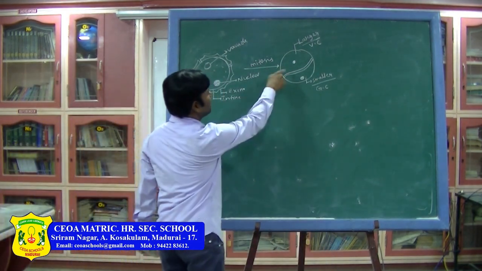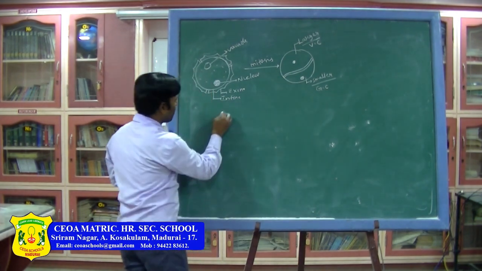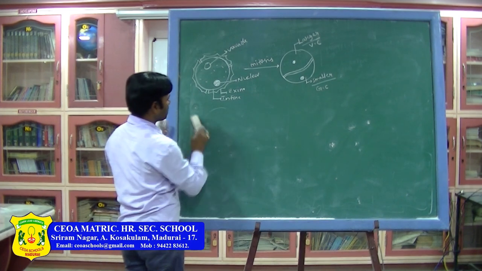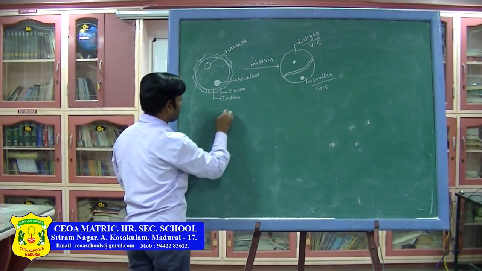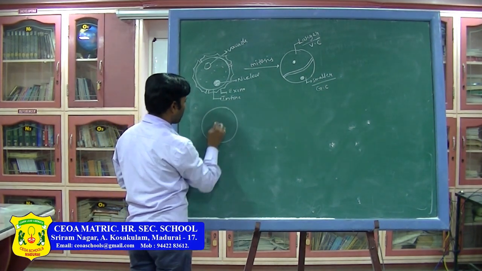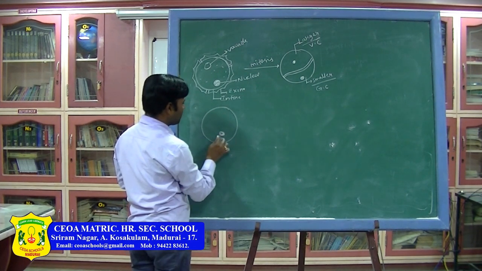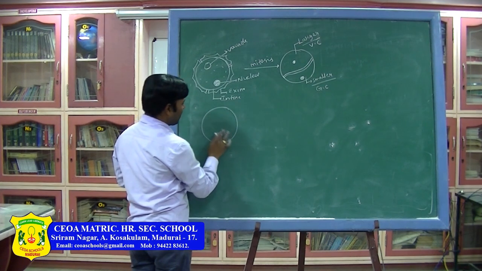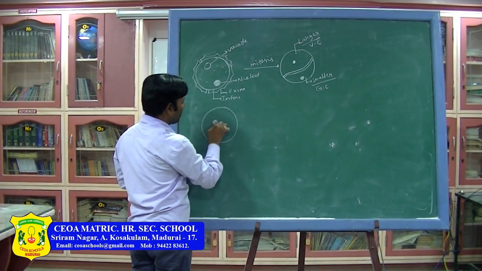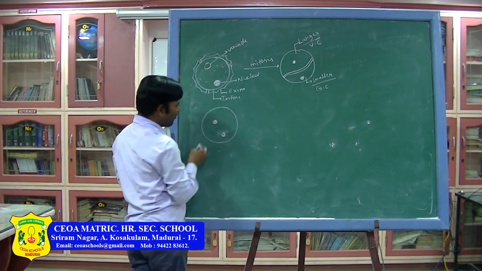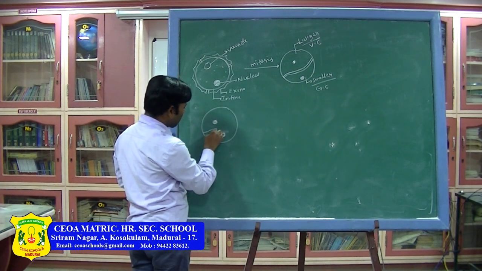Sir, how will it take place, sir? You may get this doubt. I am drawing it here. See, in this nucleus, first karyokinesis will take place. That is why one nucleus on this side and one nucleus on this side will form. Then after, the plasma membrane invaginates.